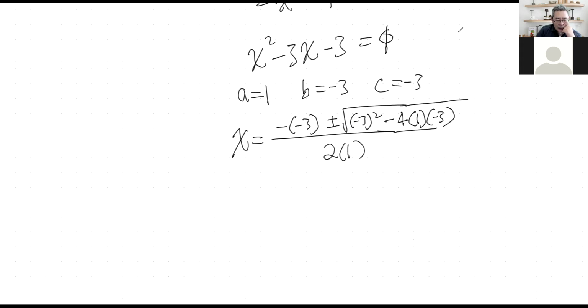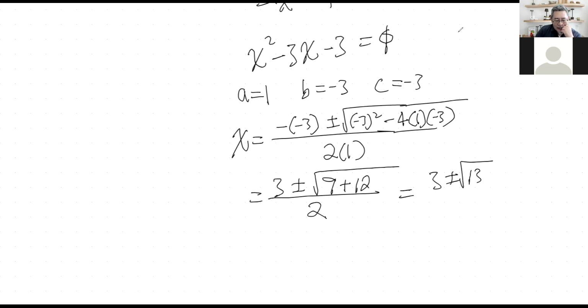So we got 3 plus or minus the square root of 9 plus 12, over 2. So we got 3 plus or minus the square root of 21 over 2. Good?